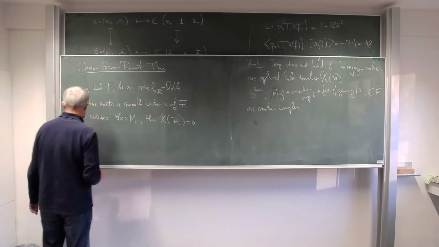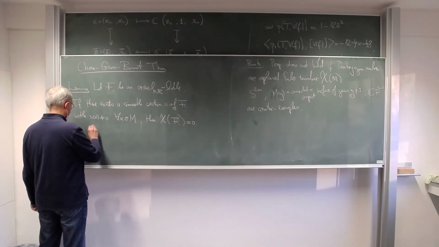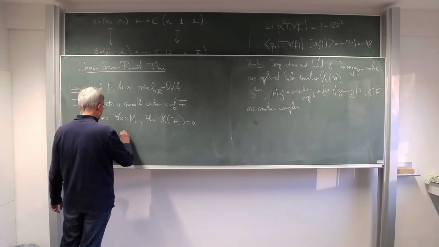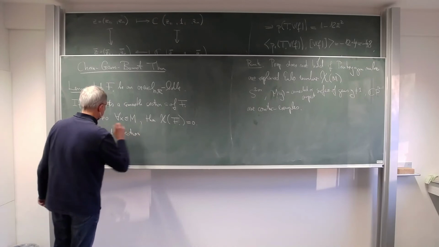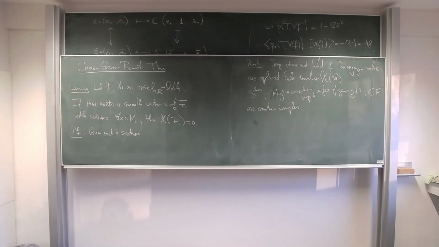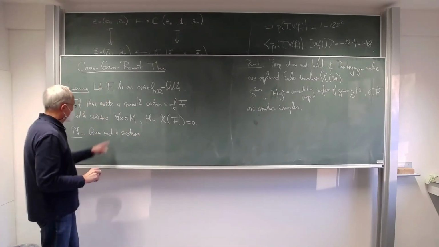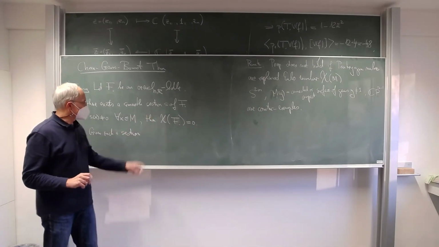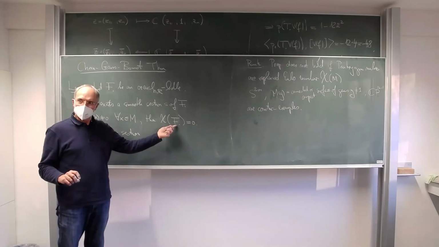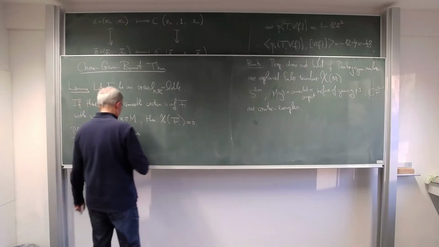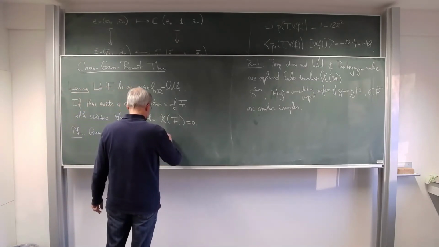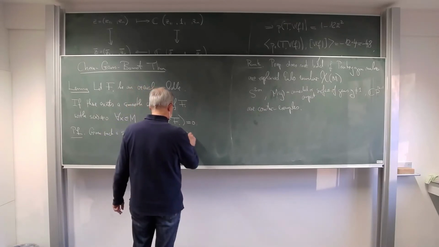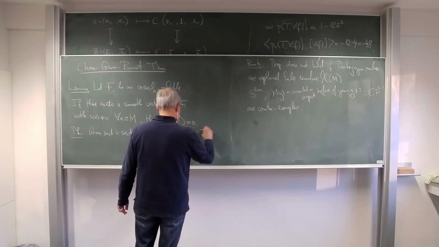Given such a section S, at each point of the manifold, the multiples of S of x define a one-dimensional subspace of Fx. Define Lx to be R times S of x in Fx.